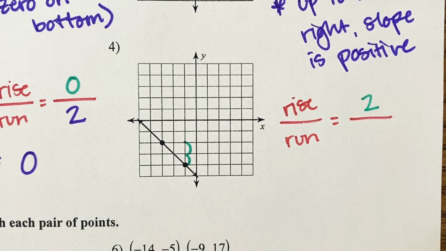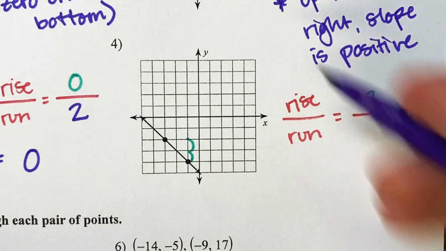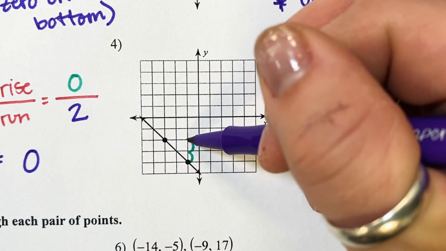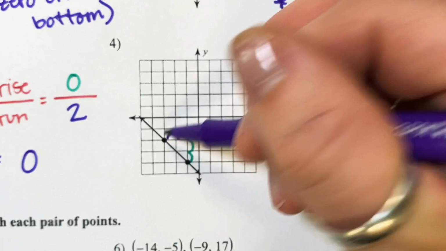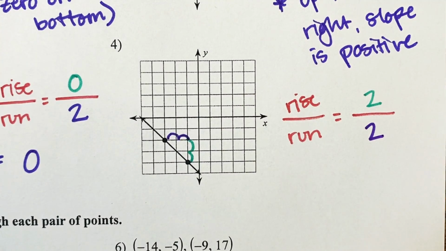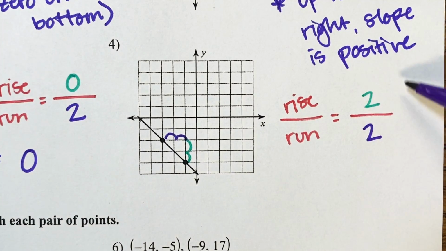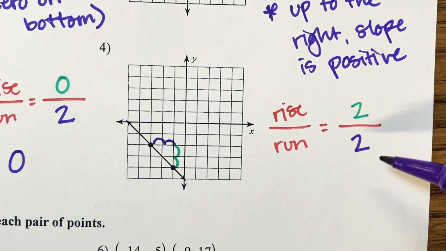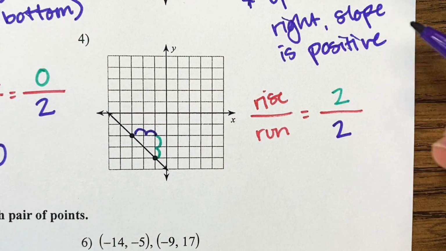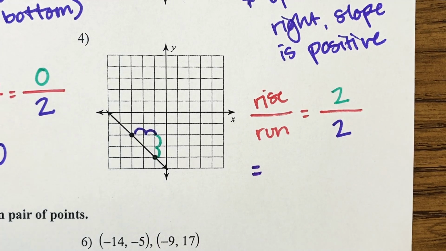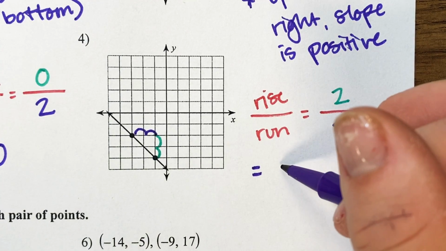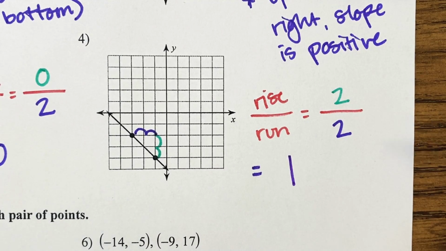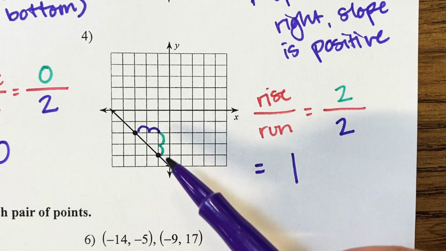Well, from where I stopped, how many do I have to run? 1, 2. Can we reduce 2 over 2? What is 2 divided by 2? That's just going to give me 1. But wait, is this a positive 1?